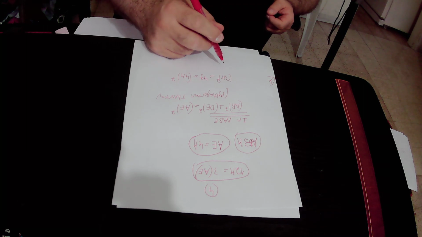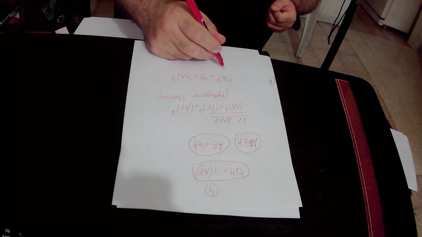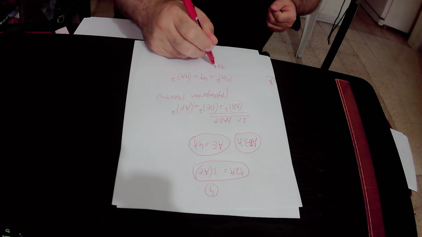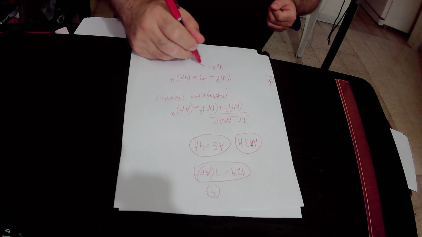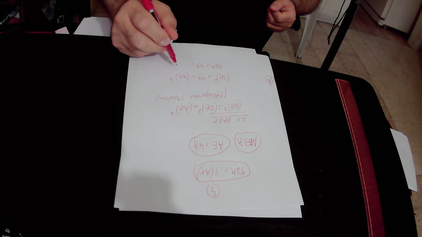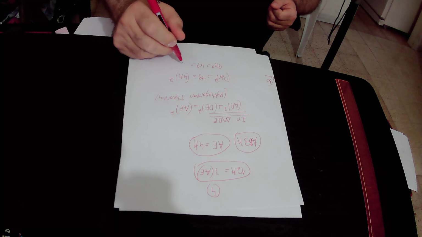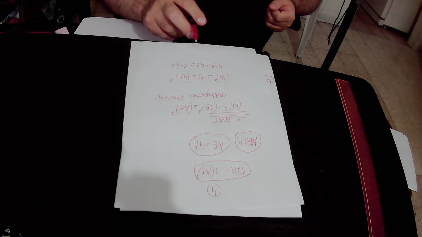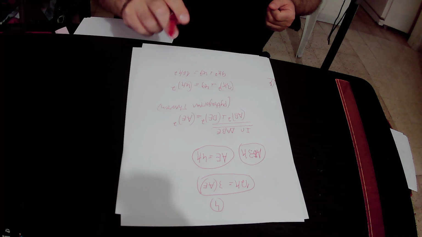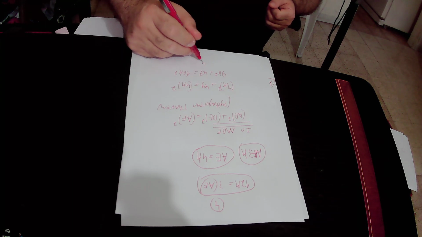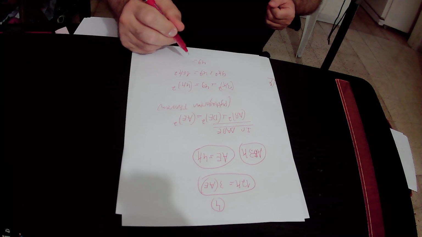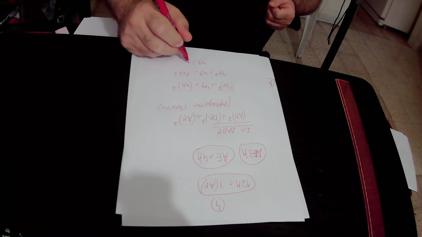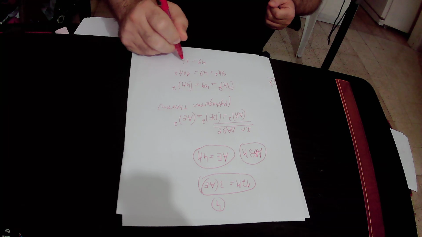So here (3K) squared is 9K squared plus 49 equals (4K) squared. (4K) squared is 16K squared. So here we will subtract 9K squared from this equality, and we will get that 49 equals 16 minus 9 is 7, equals 7K squared.